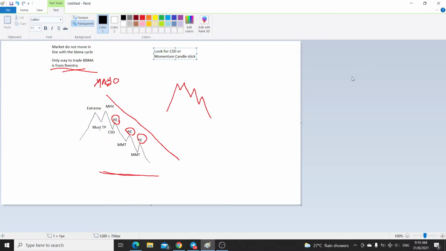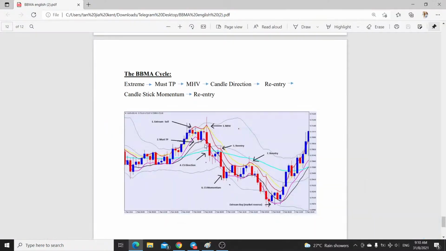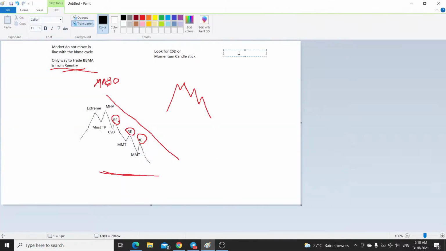So what is a candlestick direction first? Okay, candlestick direction is actually this one. It is when, in low time frame, candlestick breaks MA5, then high or low.